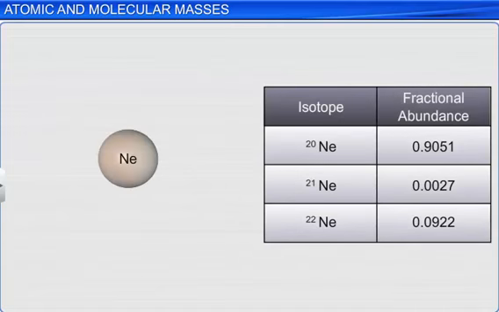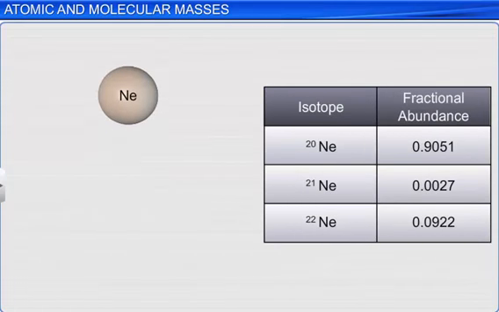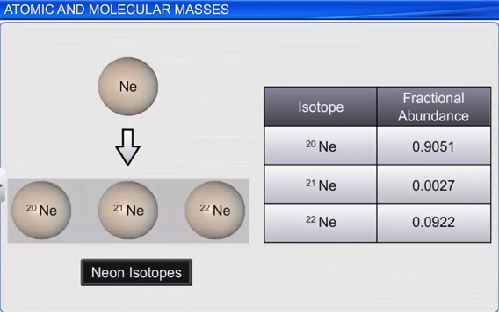For example, neon consists of 3 isotopes: neon-20, neon-21 and neon-22, which have mass numbers and fractional abundances as shown in the table.